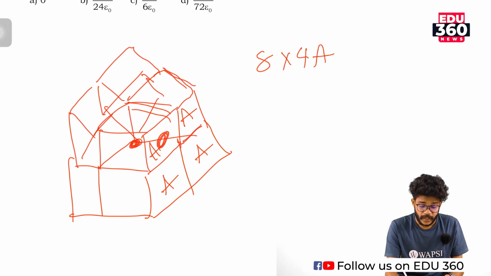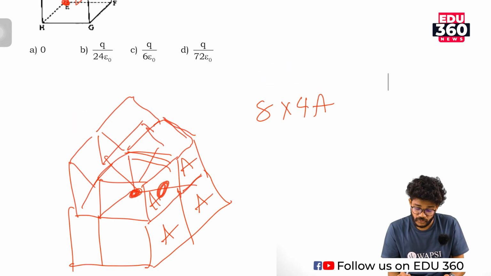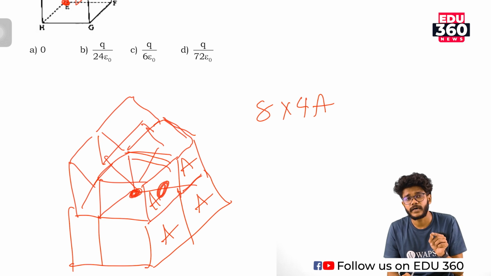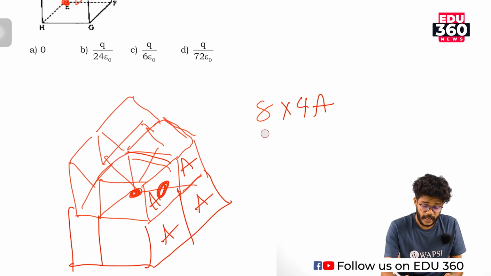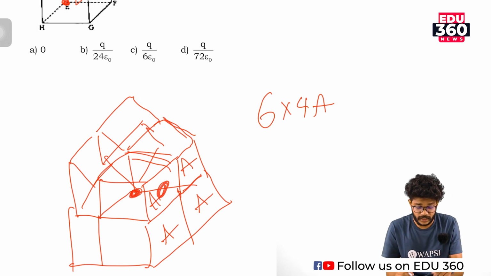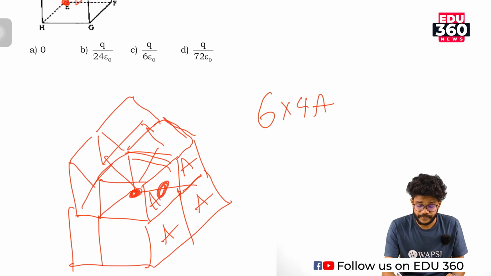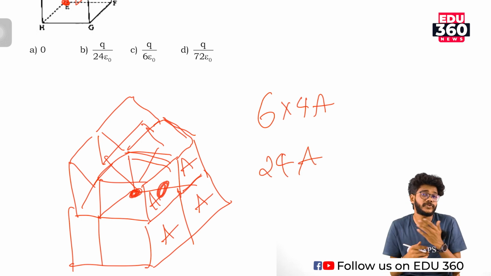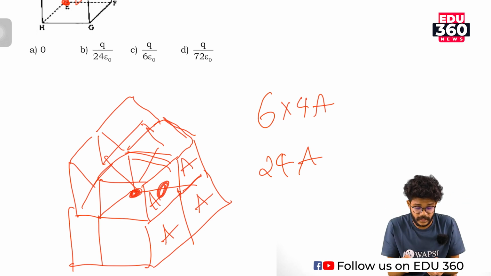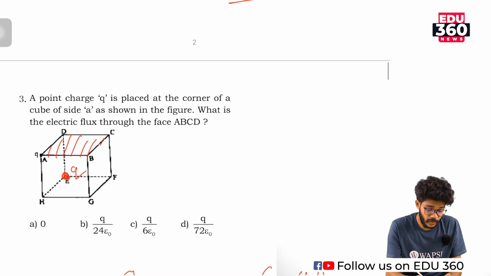Actually, a cube has 1, 2, 3, 4, 5, 6 sides. We have only 6 sides for this structure, and 6 sides into 4 area, totally 24 area.